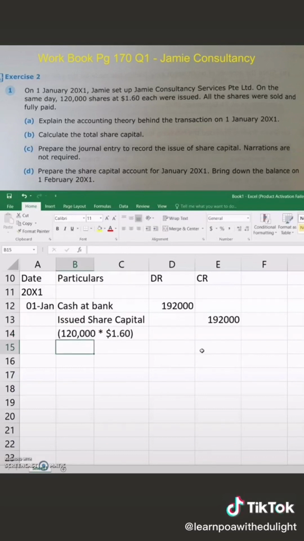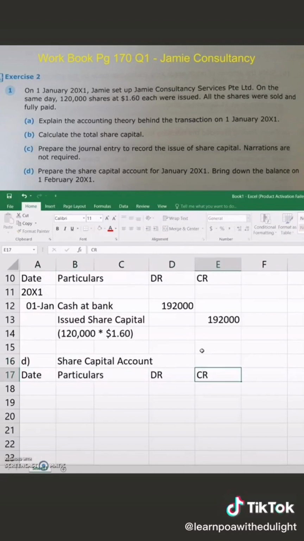Now next, part D, they mentioned preparing the share capital account. Share capital account. So date, particulars, debit, credit, balance.